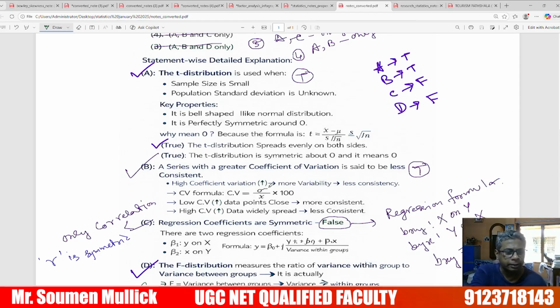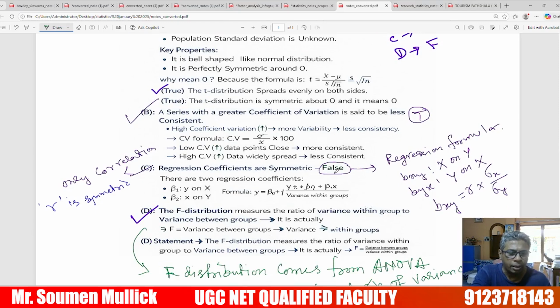So this is the correct option. The CV formula is CV equal to sigma by x into 100. Low CV means data points are close and more consistent. High CV means data are widely spread and less consistent. So option B is right.